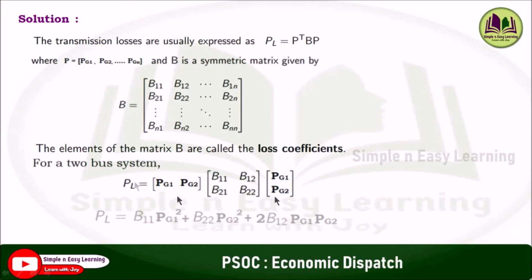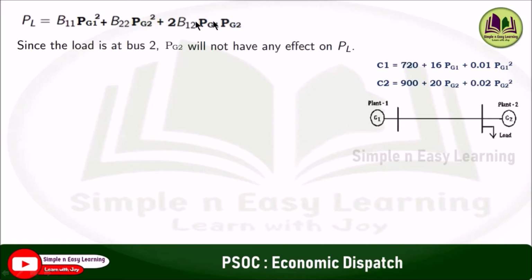Expanding this matrix, you get the formula to find the transmission losses: PL equal to B11 PG1 square plus B22 PG2 square plus 2 into B12 PG1 PG2. Using this formula we can find the power loss. In this problem the load is connected at bus 2, so the plant 2 generator PG2 will not have any effect on the load.